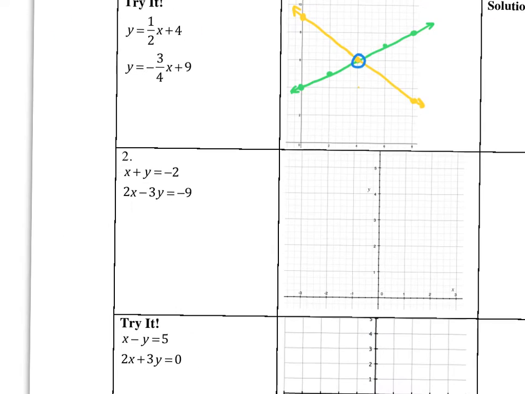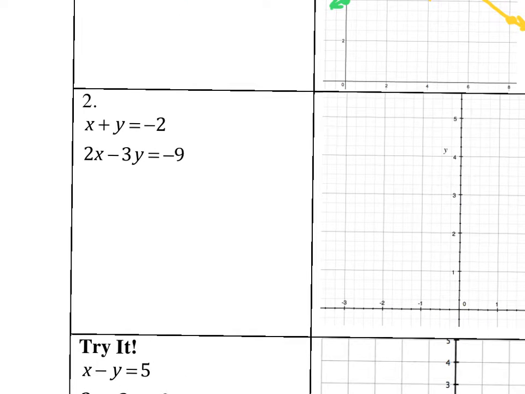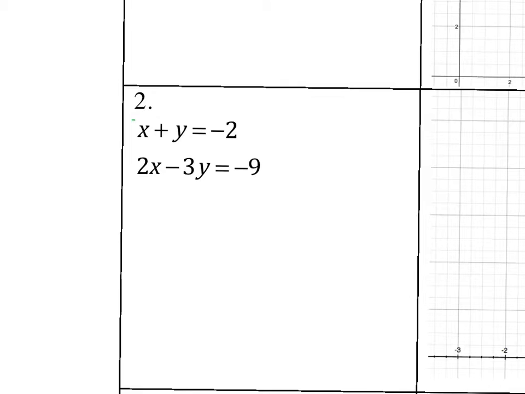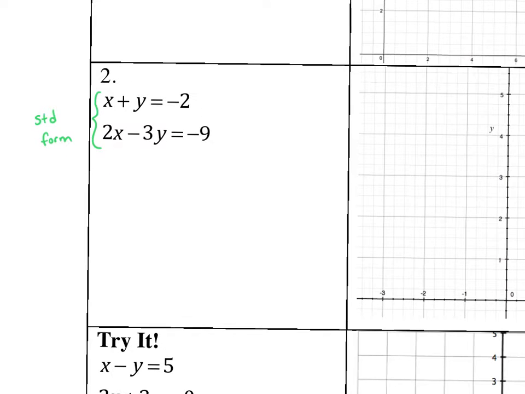On the next problem, what we notice is that we don't have these in slope-intercept form. Rather, both of these are in standard form. Recalling that standard form is helpful in graphing, because if I just cover up the y, in other words substitute a 0, I get x equals -2.